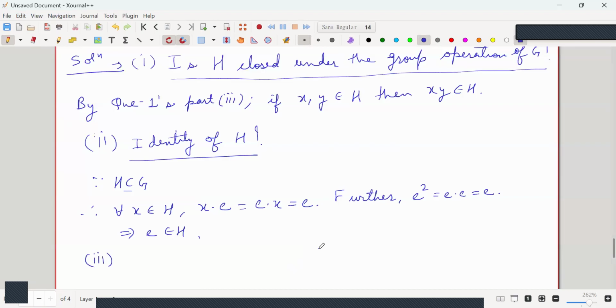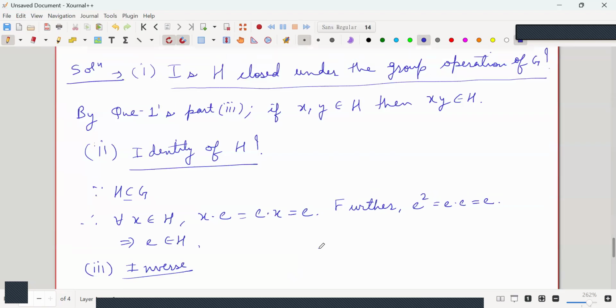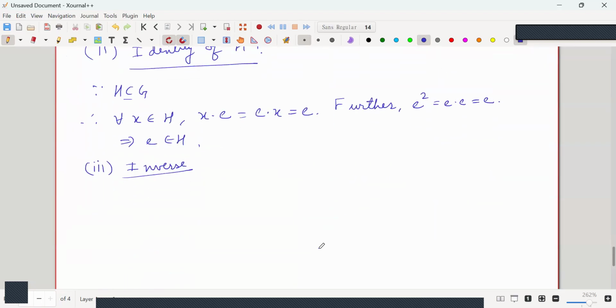Third one is the inverse. If X belongs to H, then X square is identity.